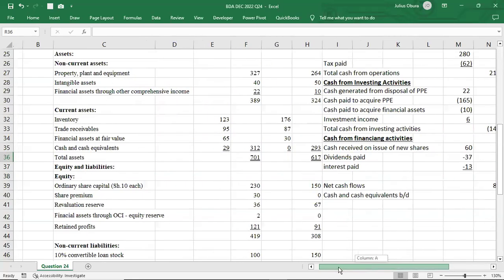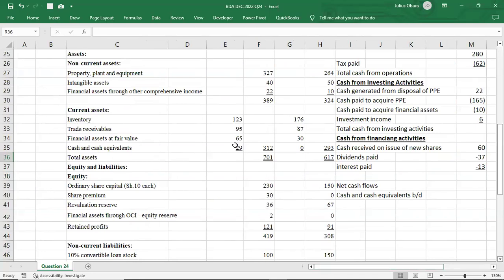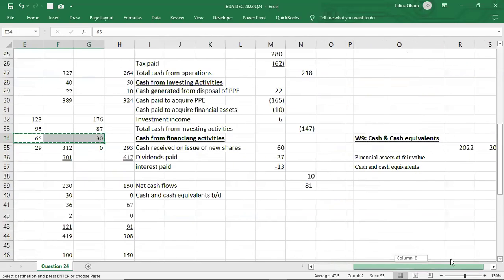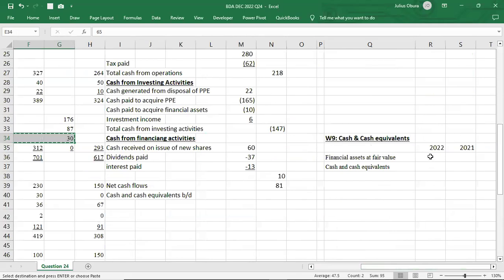I'm going to do the same. Cash and cash equivalents, financial assets at fair value, and cash equivalents. So I have this one being 6530. That is for financial assets at fair value: 65 and 30.